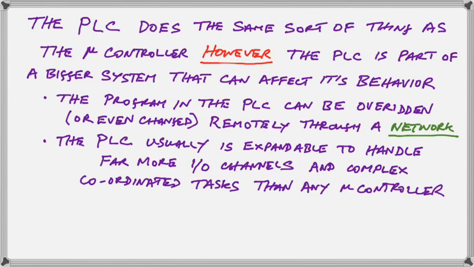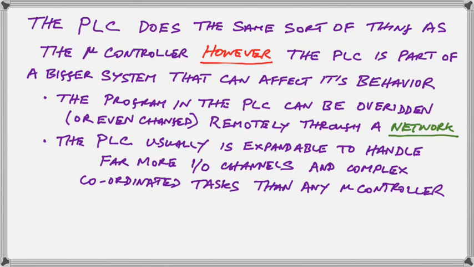The PLC does the same sort of thing as the microcontroller. Basically, it monitors inputs and controls outputs. But the difference is that the PLC is part of a bigger system, and this can affect its behavior. For example, the program in the PLC can be overridden or possibly even changed remotely through a network.